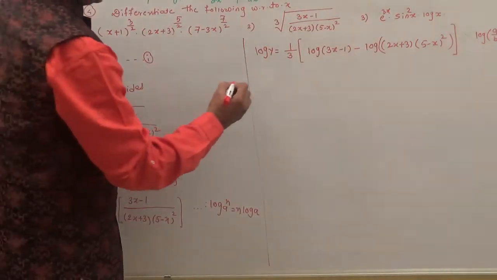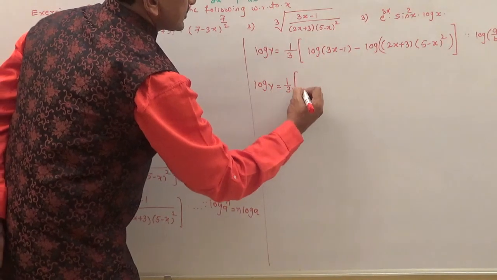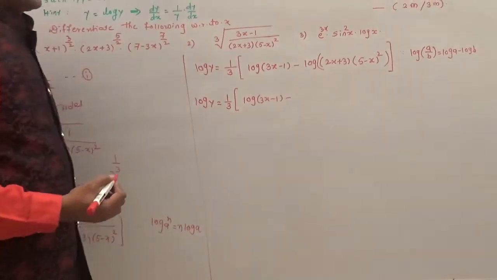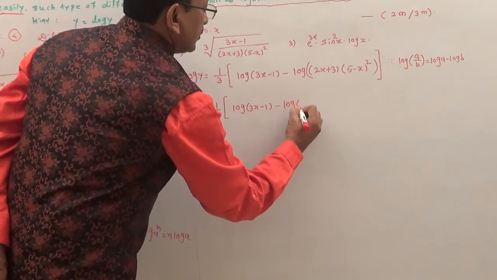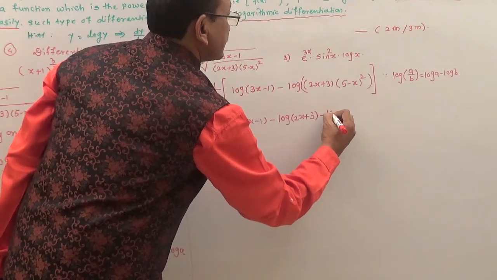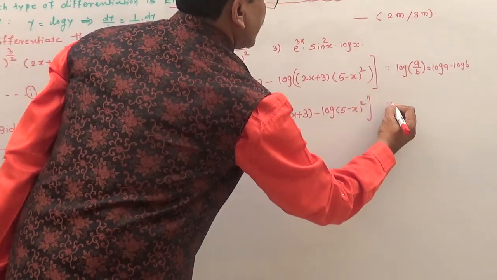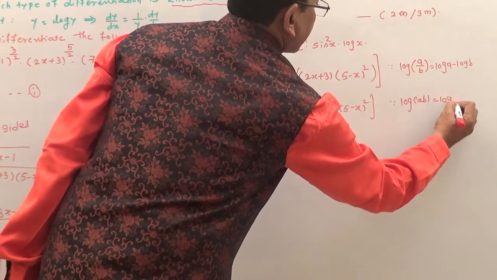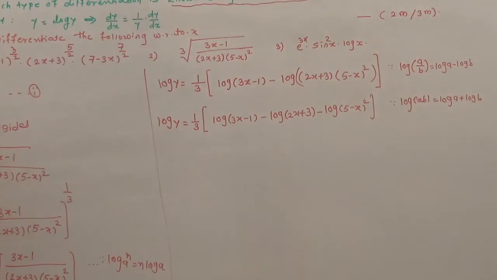Again simplify it. So log y is equal to 1 upon 3 times log of (3x minus 1) minus, use log AB formula, log of (2x plus 3) minus plus minus log of (5 minus x) square. So apply the log AB formula: it is log A plus log B. Again simplify it.